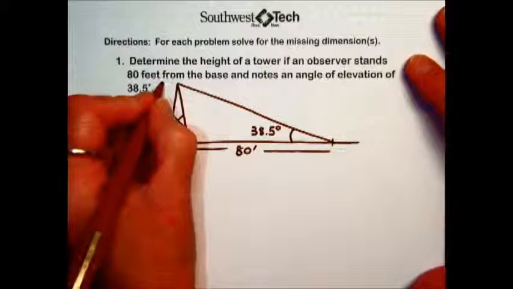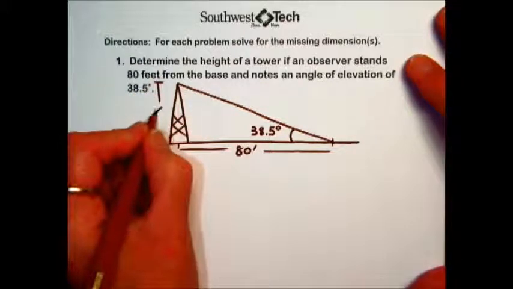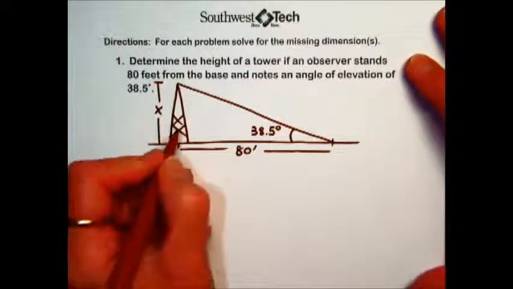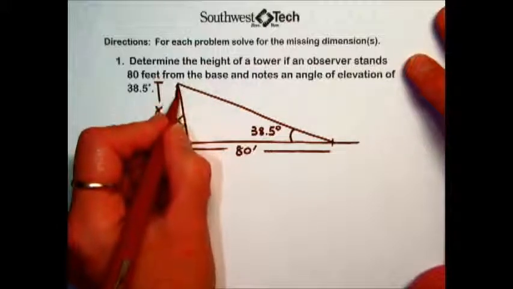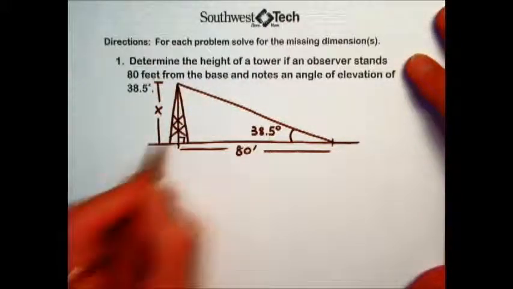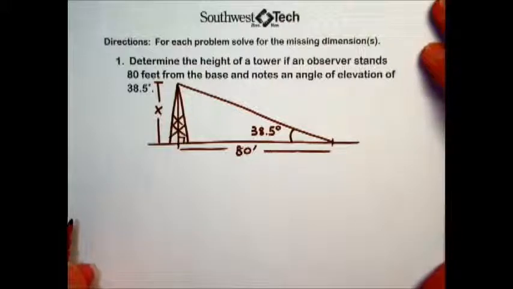We're trying to determine the height of the tower, and assuming that this tower is perpendicular to the ground, we have a right triangle, and we can use one of our trig formulas to solve.